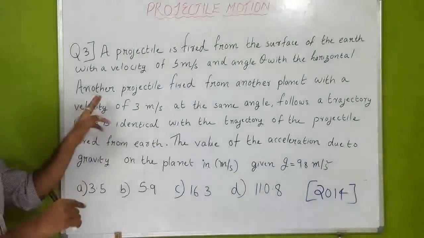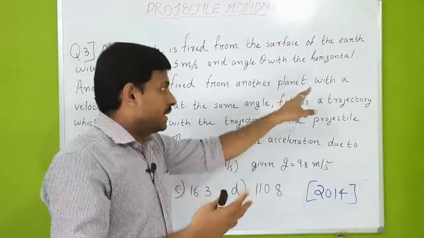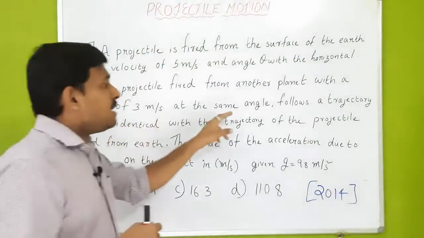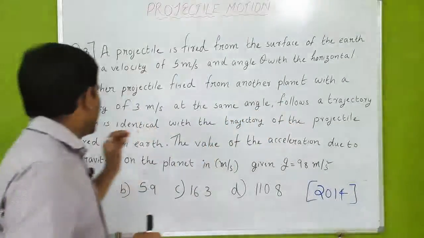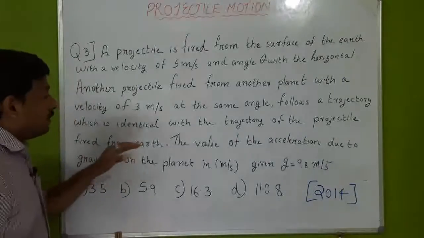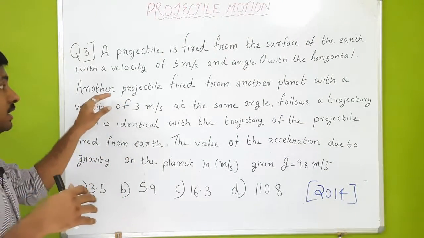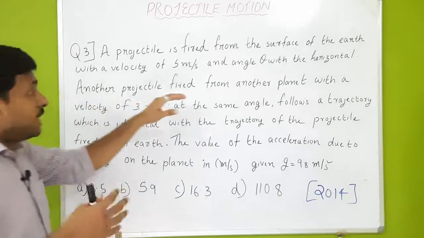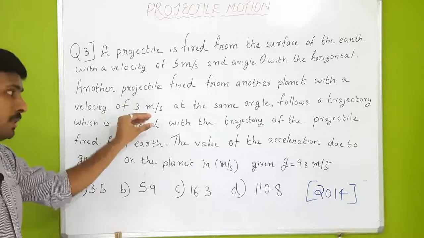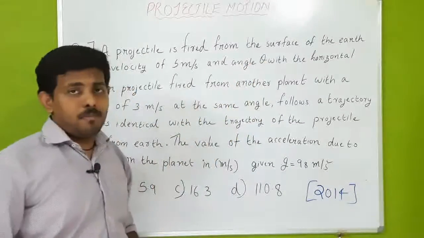Then another projectile fired from another planet, not from earth, with a velocity of 3 meters per second at the same angle, follows a trajectory which is identical with the trajectory of the projectile fired from the earth. So another projectile is fired from another planet, and it has the initial velocity of 3 meters per second and the same angle, that is angle of projection is theta.